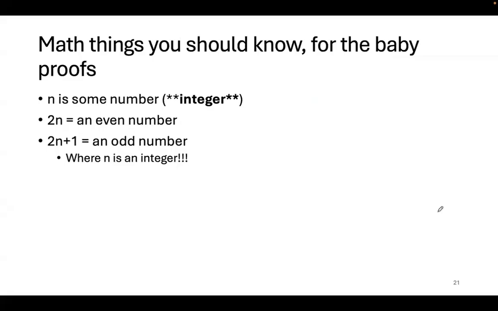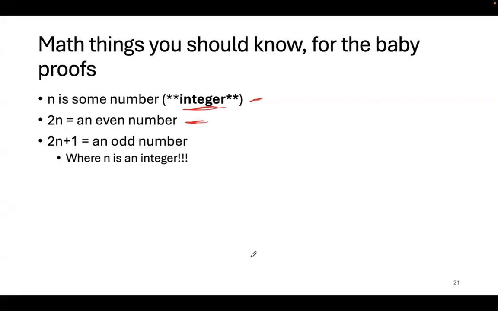So some things you should know for the baby proofs that I have over in the packet. We'll typically work with a variable, like X or N or K. The name of the variable doesn't matter, but typically we assume that it's an integer going into it. If you ever see 2n in a proof, that means that it's an even number because it's multiplied by 2.